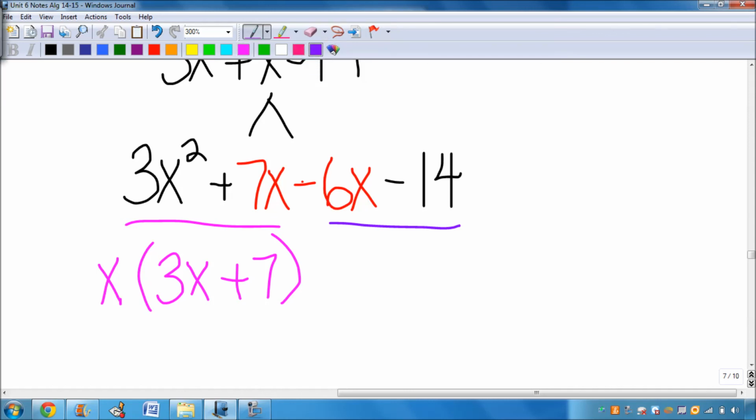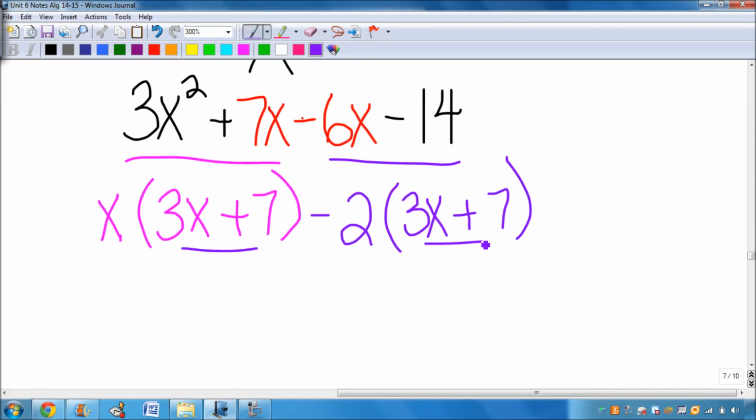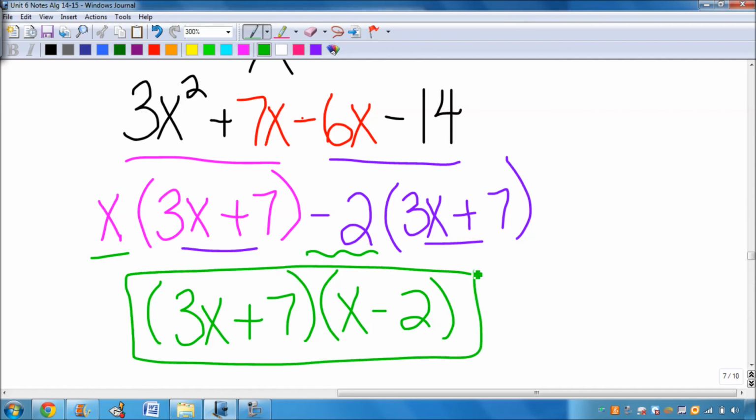And with 6 and 14, the only number that you can divide them both by is 2. So then when you do that, you have 3x plus 7 left over as well. Remember, those two parts of my factors have to be identical. So that means that my final answer will be 3x plus 7, that's what's in common, multiplied by the x that's left over here and this negative 2 that's left over here. And then I'm good to go for this problem.